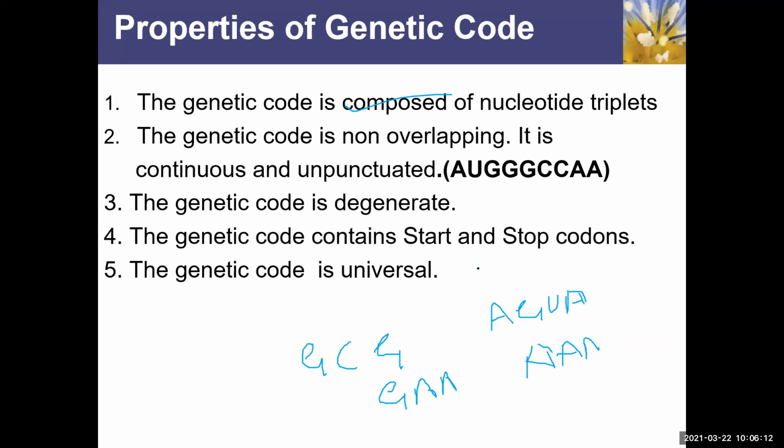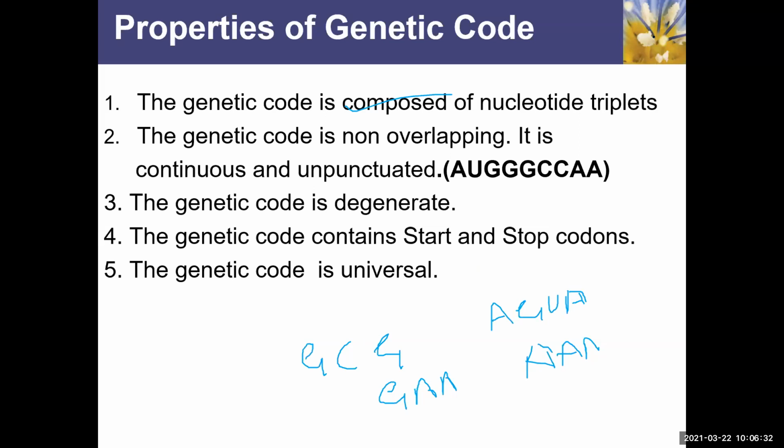And each triplet will code for a particular amino acid. Is it clear? Any question till now? We are all okay, right? We are not going fast, we are not going slow. Just let me know if you don't understand anything.